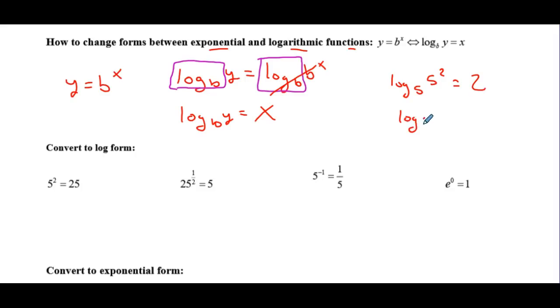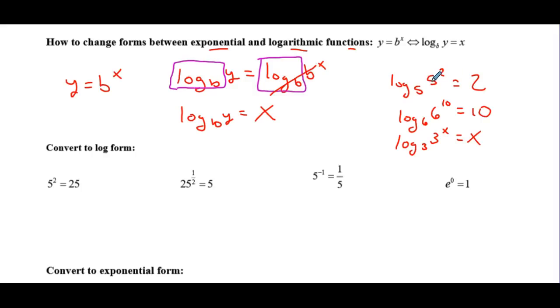Log base 6 of 6 to the 10th power is 10. Log base 3 of 3 to the x power is x. So anytime you're taking the log of a number that is the same as its base, they just cancel out. They undo each other, and you're left with just the exponent.